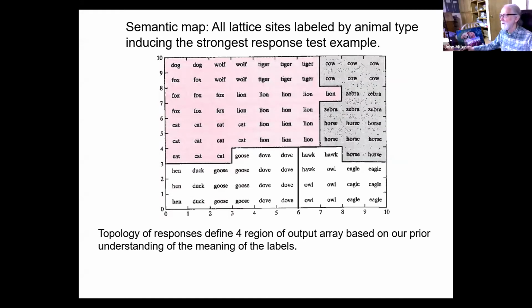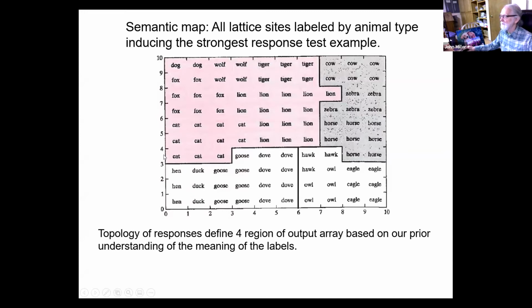And I'll label that output array with the name of the vector that has the largest response, the winner of the competition for the largest dot product. And so here we have now dog is the winner of the competition for the upper left array. And so Kohonen puts dog there, and dog also won for this one. Then wolves and tigers came on later.